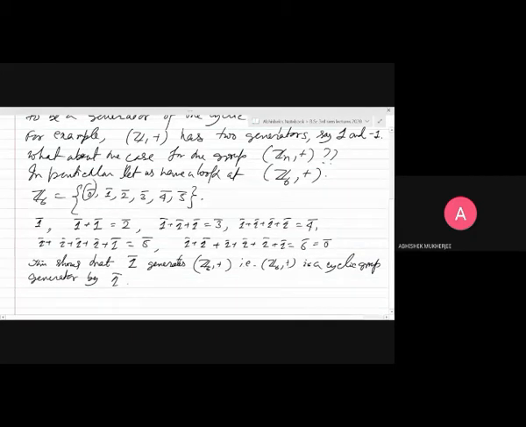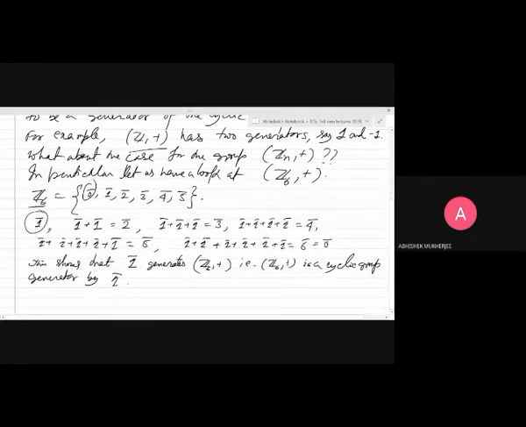Now, in the case of Z plus, we have seen that there are two generators. So in a cyclic group, more than one generator can exist. This 1 class is the natural guess for this group.